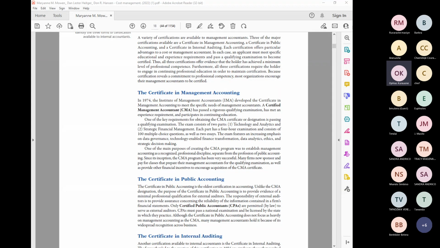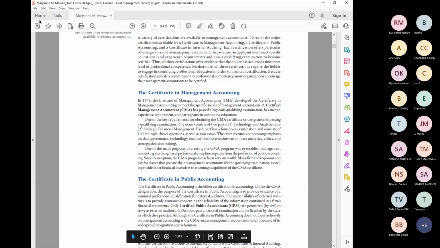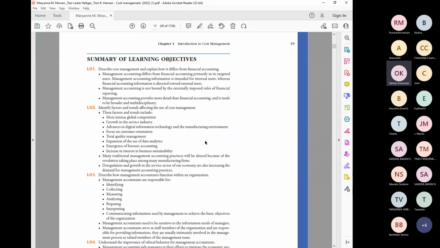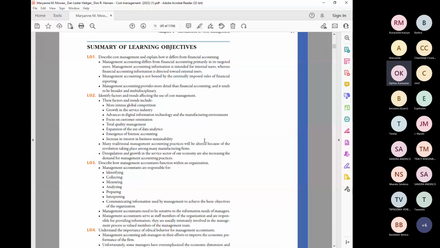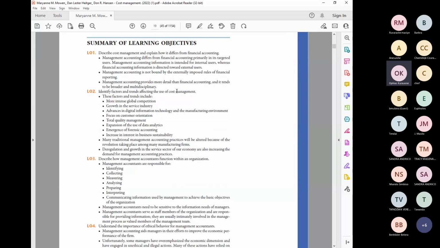Then, after you have understood this, if you go to this book, there is a summary of learning objectives. Maybe because of the time factor, you might read these ones. Describe cost management and explain how it differs. Such a question came up in the examination the other time. Some people left a blank page, and the examiner's report talked about that.